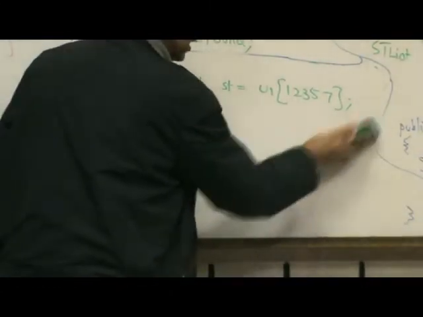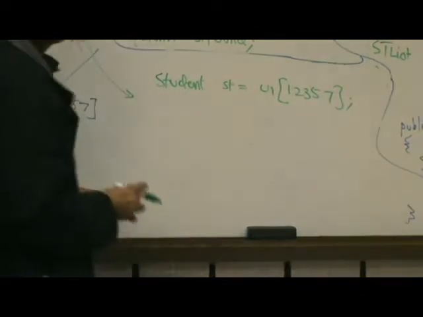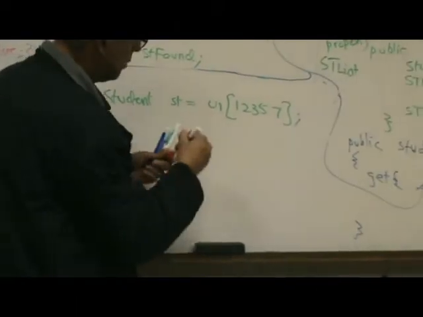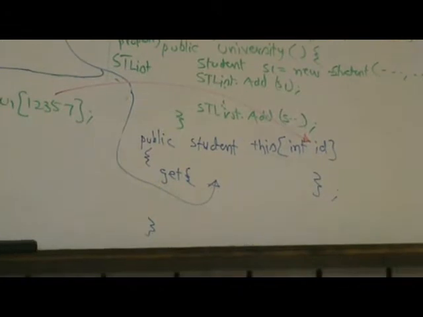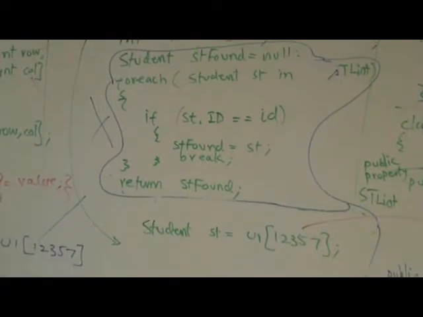Once we write it like this through the university object, we are providing the indexer. That means this will trigger our indexer and pass it as the ID, which will end up triggering all this code and either will bring us a student or will bring us null.